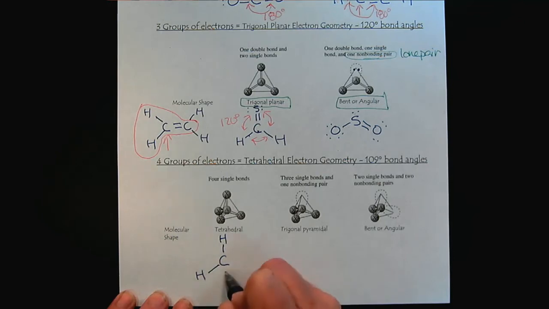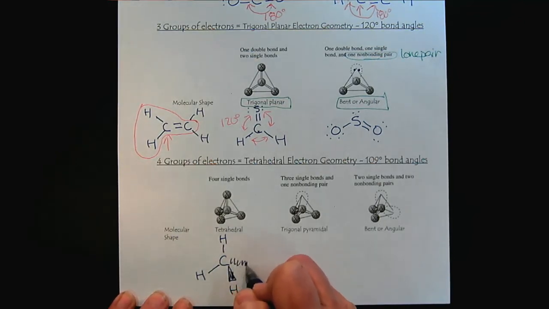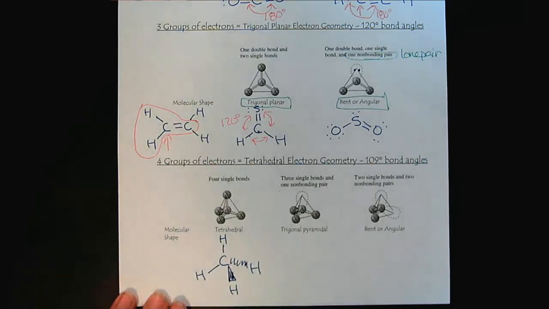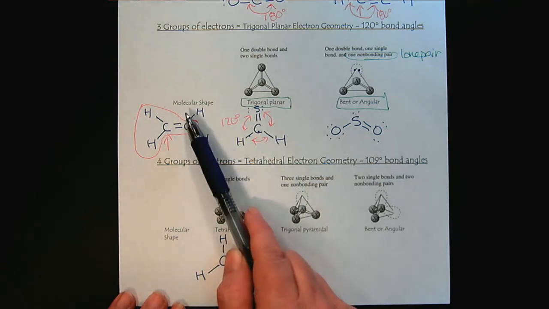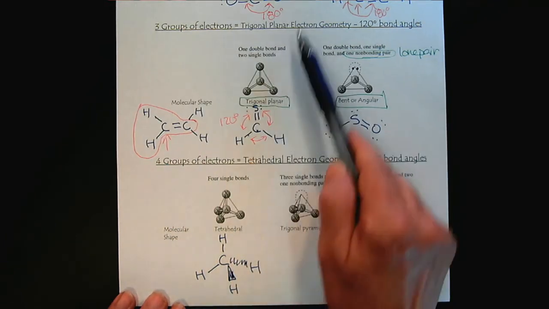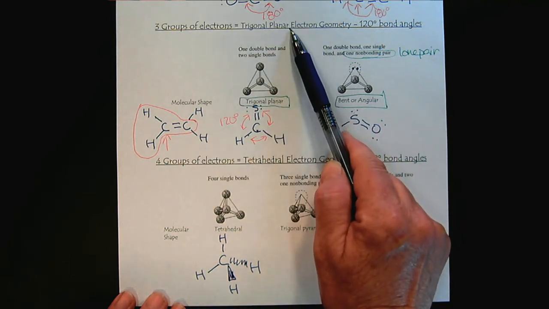So carbon, when carbon has 4 single bonds, they're going to radiate out into the corners of the tetrahedron. Notice that every time there's no lone pairs, right? When the central atom has no lone pairs, the molecular shape and the electron geometry are the same.